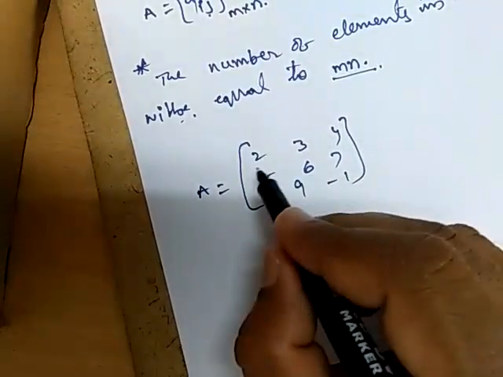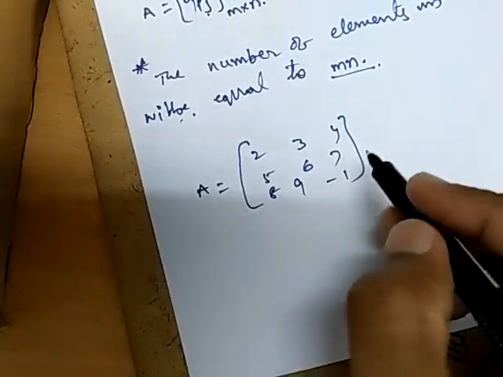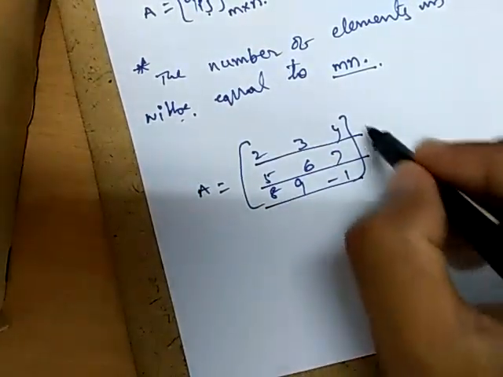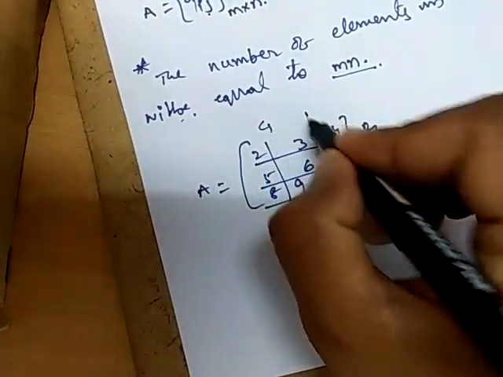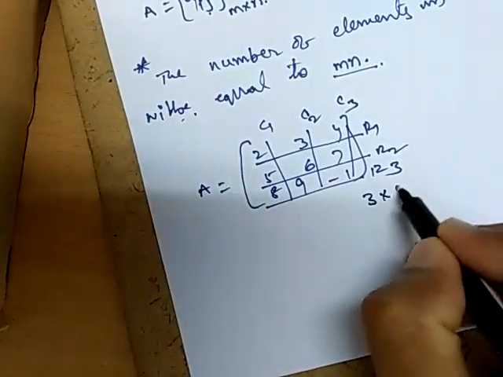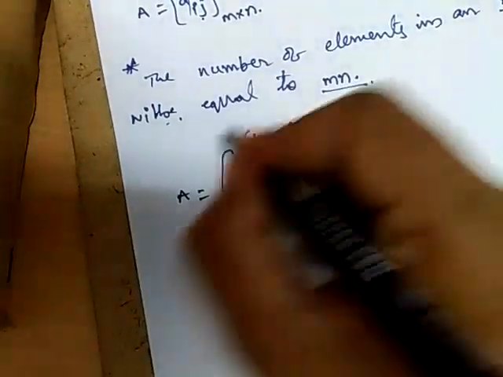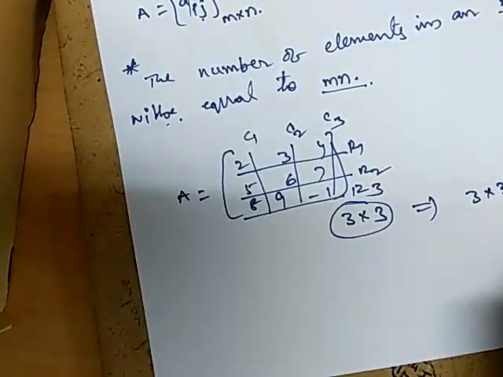Without counting these elements, I can directly say, this is the order: R1, R2, R3, C1, C2, C3. So the order is 3 by 3. If the order is 3 by 3, then the number of elements in this matrix is 3 into 3. That gives 9 elements.